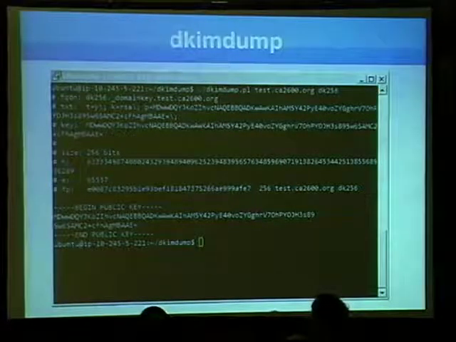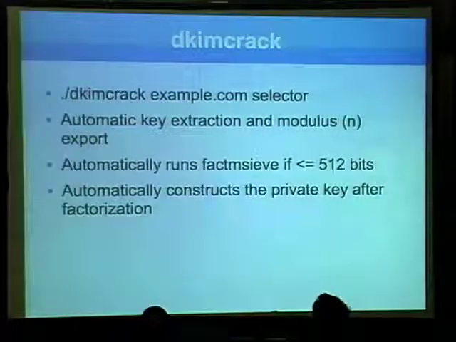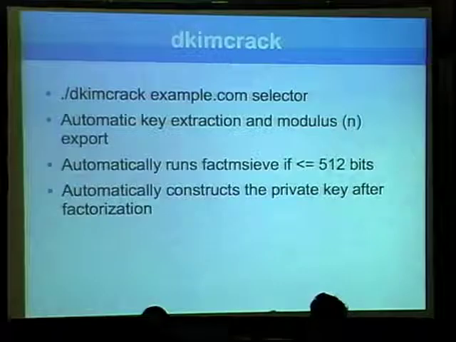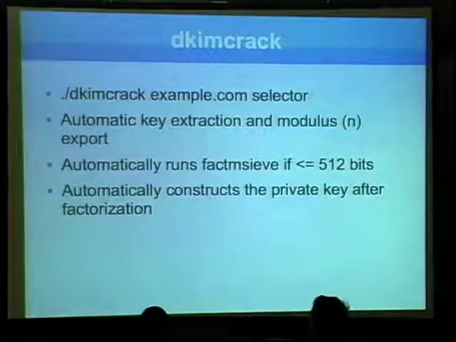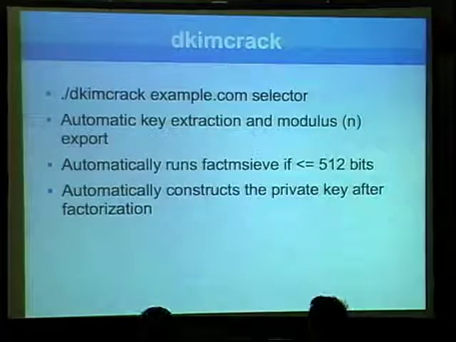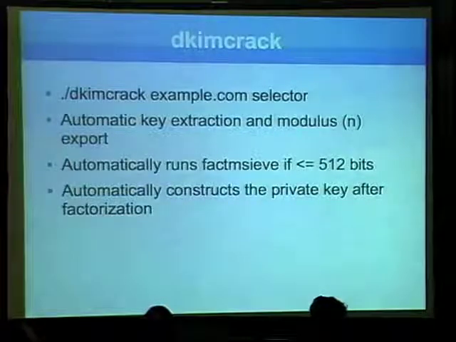Then we have dkimcrack, which is lots of fun. Once you've got factmsieve set up, all you have to do is give dkimcrack the domain name and the selector, and it does everything. It will pull the public key out of DNS, extract the modulus, save it to a config file for factmsieve, run factmsieve, give you a vague estimate of how long it's going to take, and automatically construct the private key.